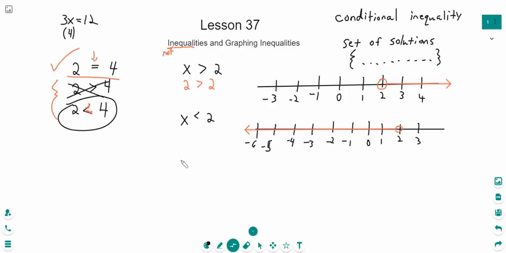So we might say that in some expressions, we'll write this as x is greater than or equal to a 2. X is greater than or equal to a 2. So we're combining two of these options to expand our set of solutions just by a little bit to actually include this beginning number, this 2 in this case.